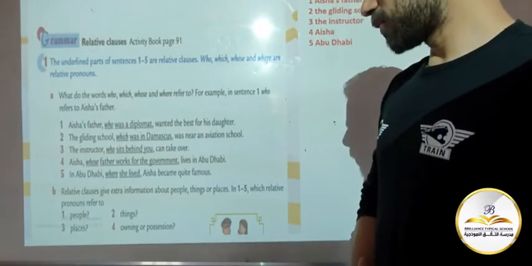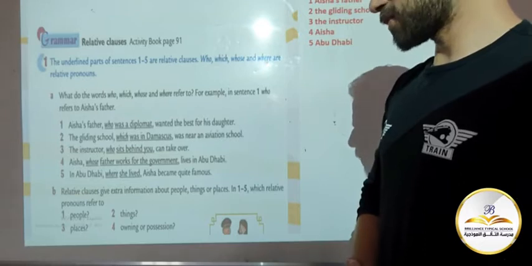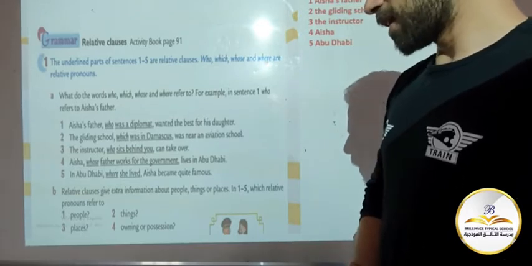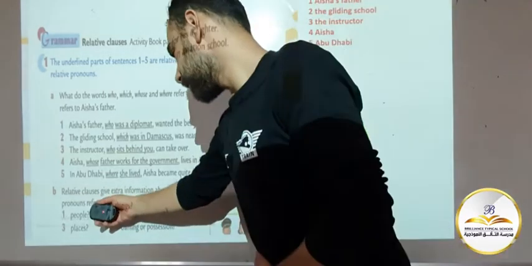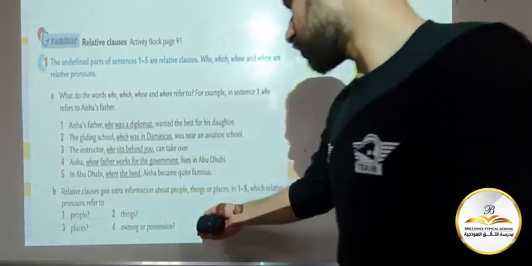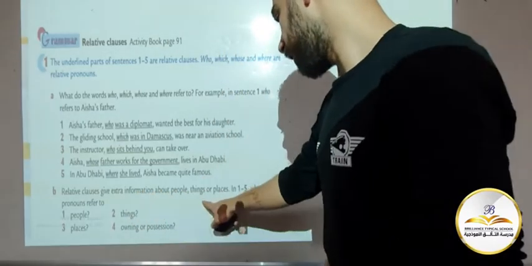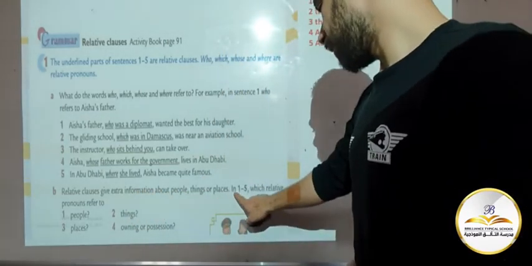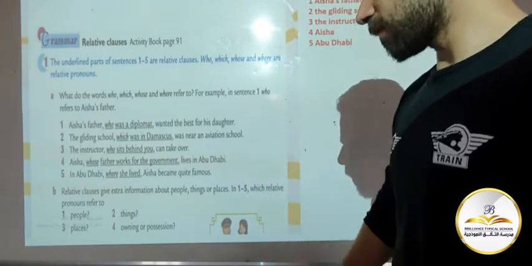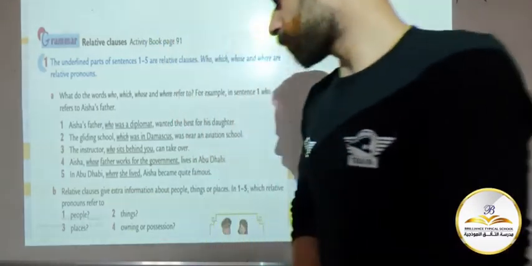Okay, now take a look at the next question. We have relative clauses give extra information about people, things, or places. In 1 to 5, which relative pronouns refer to?